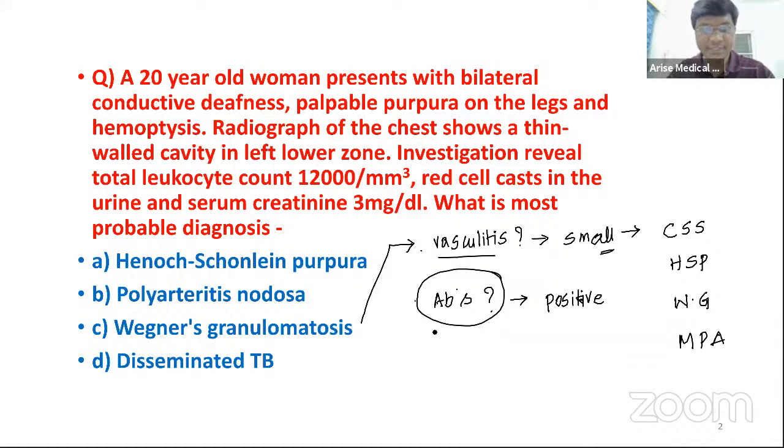So the antibody that will be positive in case of Wegner's granulomatosis is C-ANCA. Right, C-ANCA is positive in Wegner's granulomatosis. Okay, so that is about the clinical question related to Wegner's.